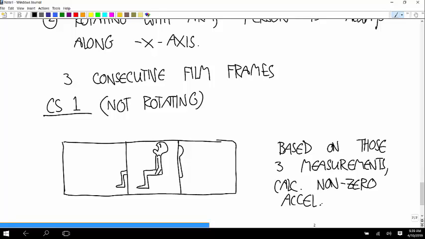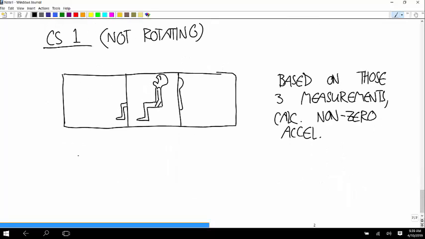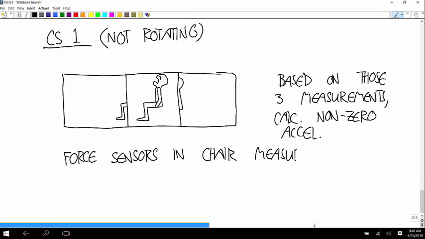If there's no tangential acceleration in the motion, if this is a constant speed, then you still see that there's angular velocity. You know that there's a length, so you can calculate the centripetal acceleration. Okay. Force sensors in the chair measure non-zero forces.